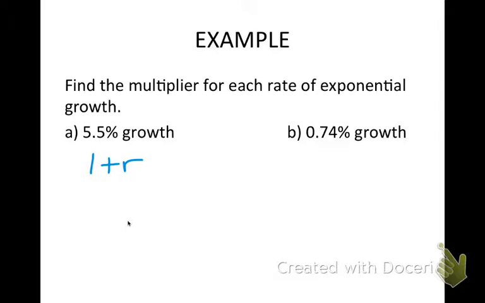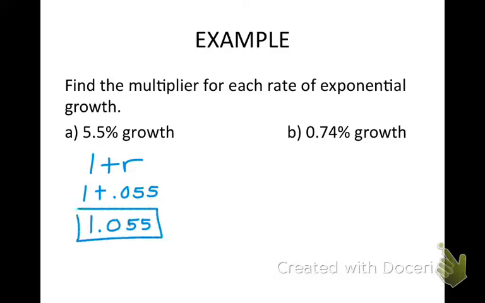What is 5.5% as a decimal? 0.055. Remember, you just move your decimal over 2 places. So adding those together gets us 1.055, which would be your multiplier.